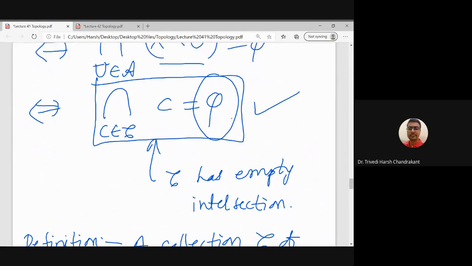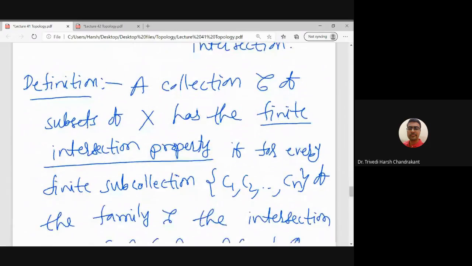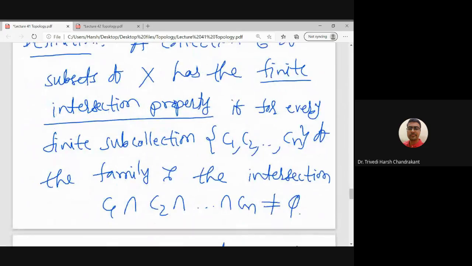So that means the total intersection of the corresponding family is the null set, and then this particular notion will come.